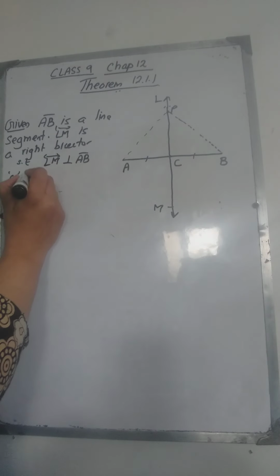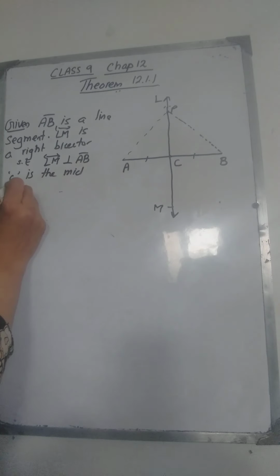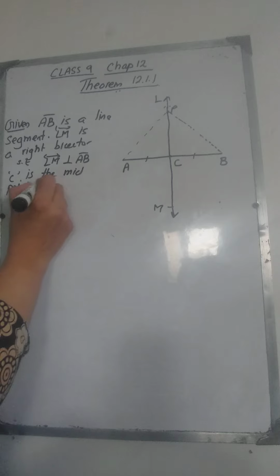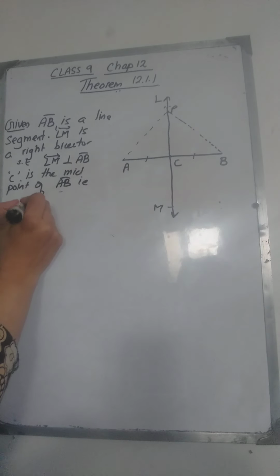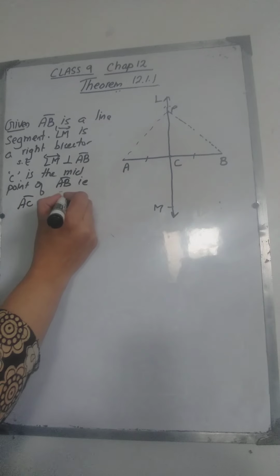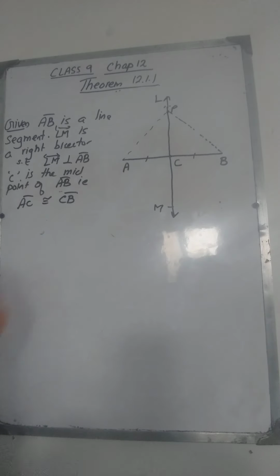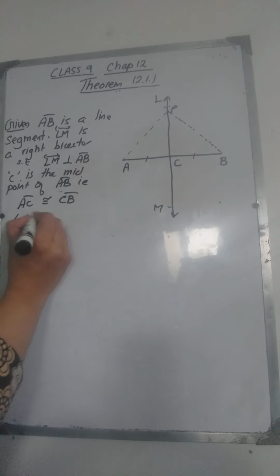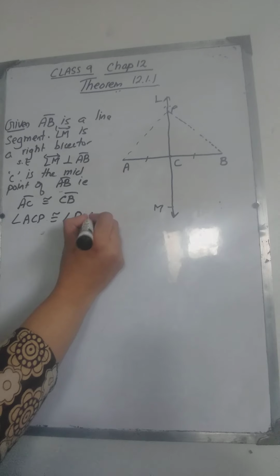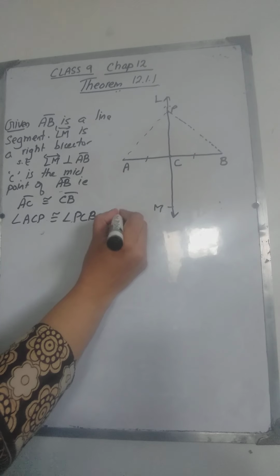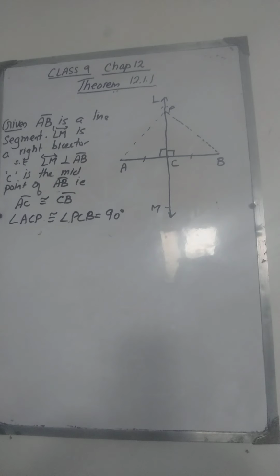C is the midpoint of AB, that is, AC will be congruent to CB, and angle ACP will be congruent to angle PCB, and both are going to be equal to 90 degrees because of the definition of the right bisector.